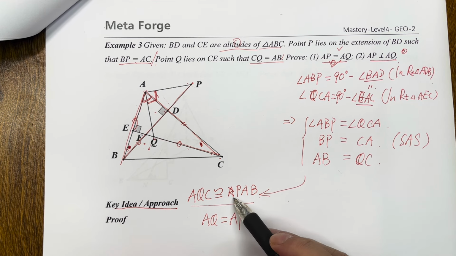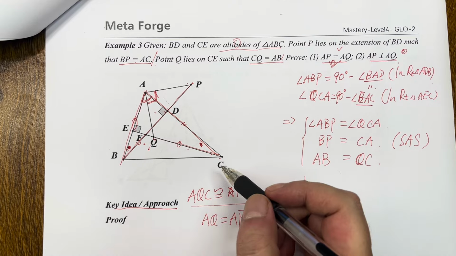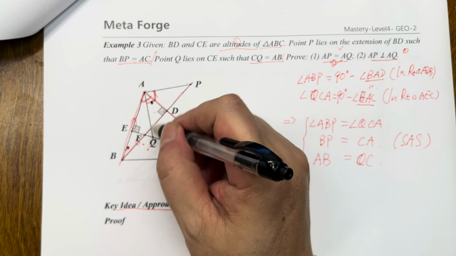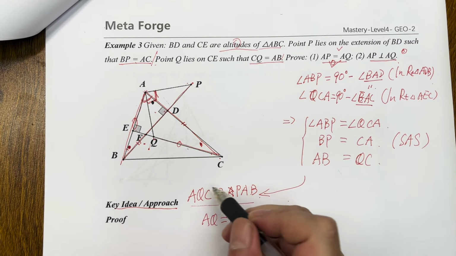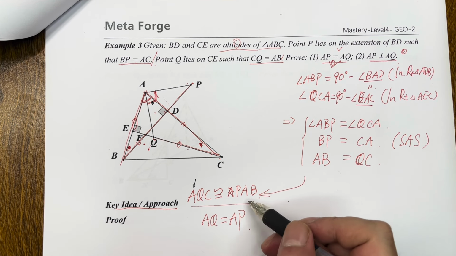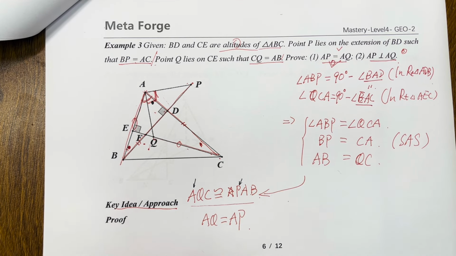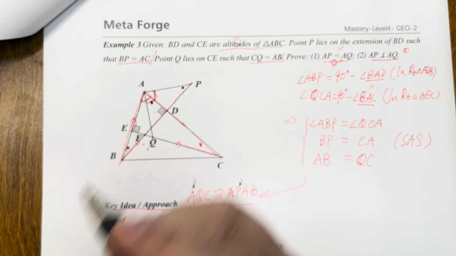From this congruence, we know this angle QAC equals angle P. Okay, this angle equals this angle.